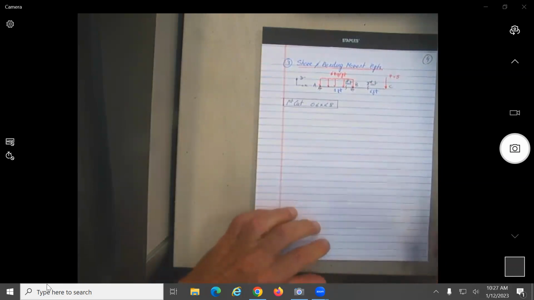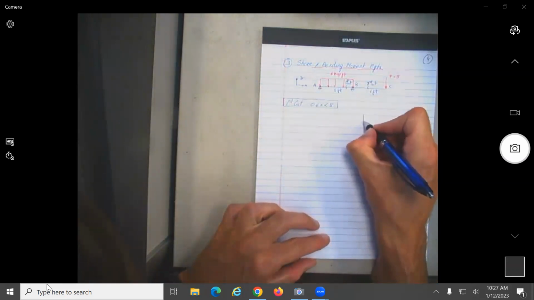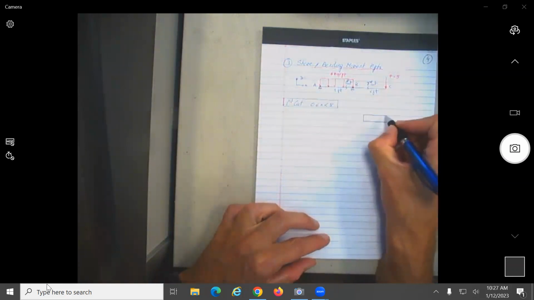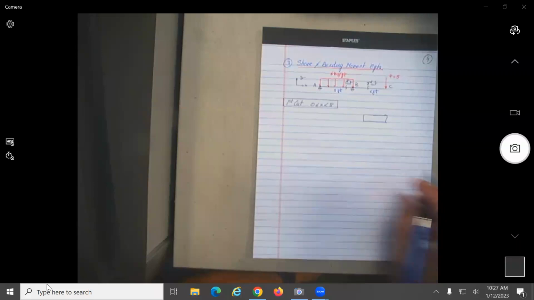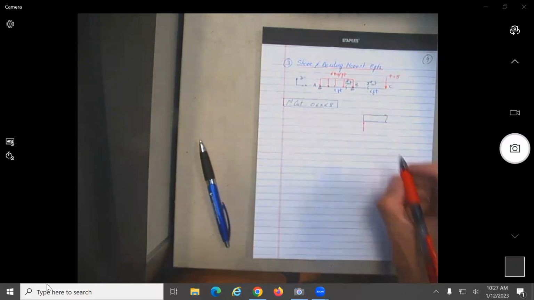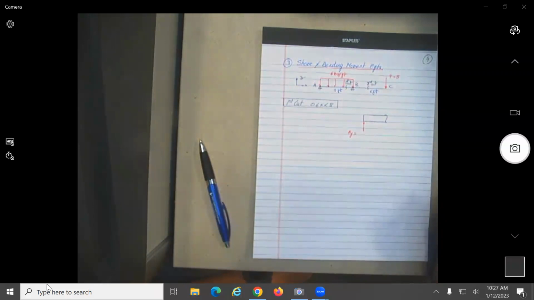So free body diagram. What will be the free body diagram in this case? I make the cut over here. This is the cut. So if I look at the forces, I'm going to have here AY, that we had was equal to what? AY is 20.25.